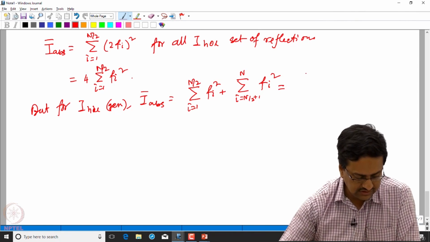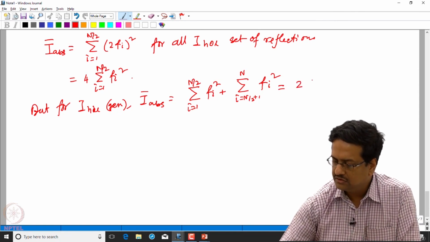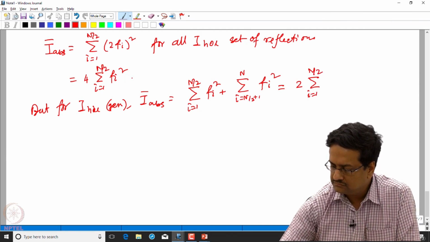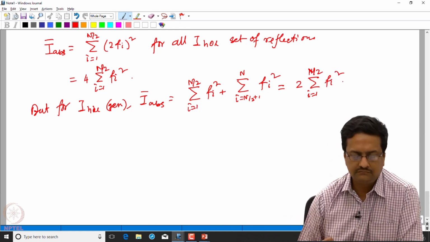So this would indicate that the sum is nothing but 2 into sum over i equal to 1 to n by 2 Fi square.